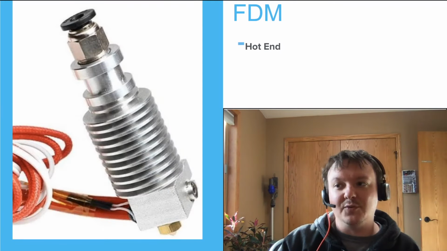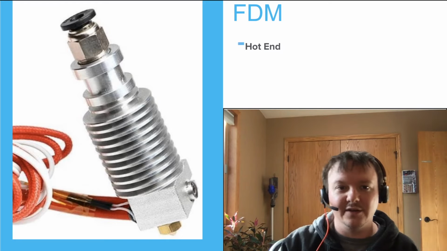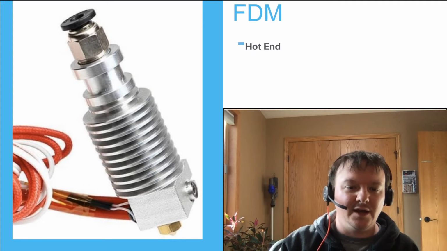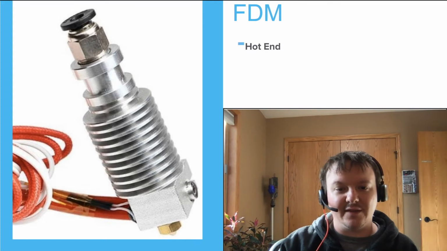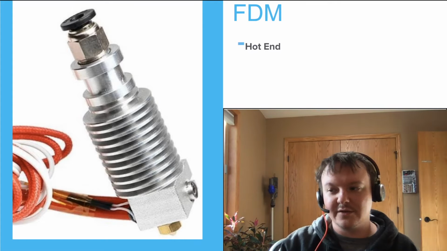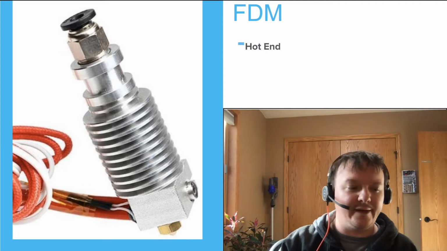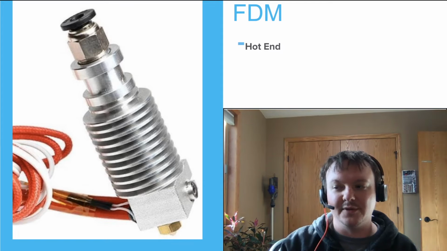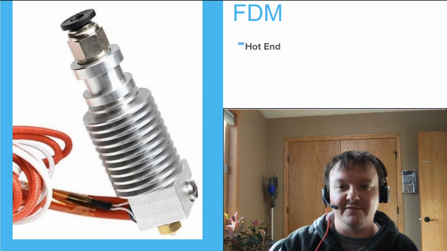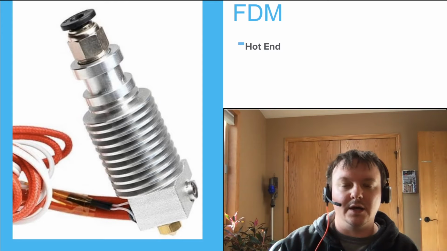The one feature you want to look at is the hot end. This is, again, the hot glue gun of the 3D printer. So the metal bit on the bottom that's brass colored is the nozzle. And as you'd expect, it's a nozzle. It's got a hole in it. They're made of brass. They have different diameters. You can get very large nozzles.